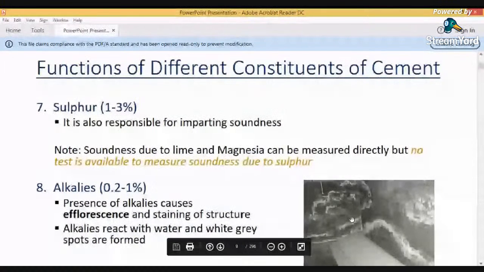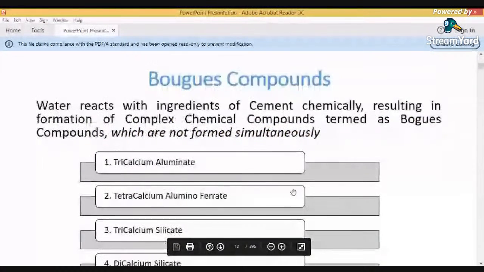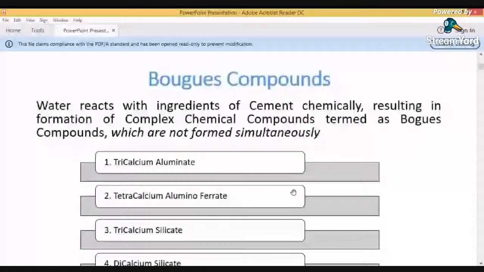Then we discussed the Bogue's compounds. When you add water to the cement, some chemical reaction starts inside the cement, and because of the chemical reaction, some heat will be evolved, which is called heat of hydration. Because of this chemical reaction, some complex compounds form one after another.